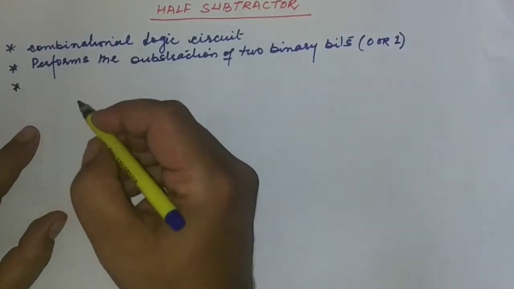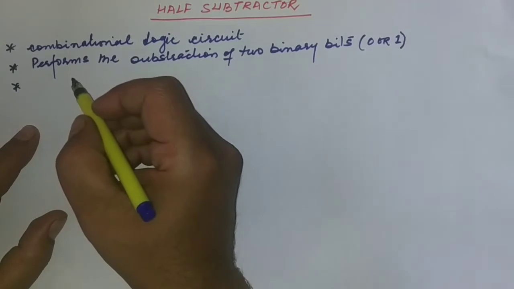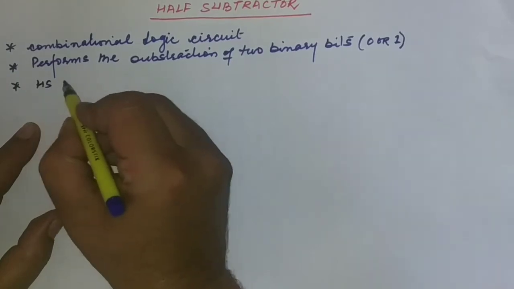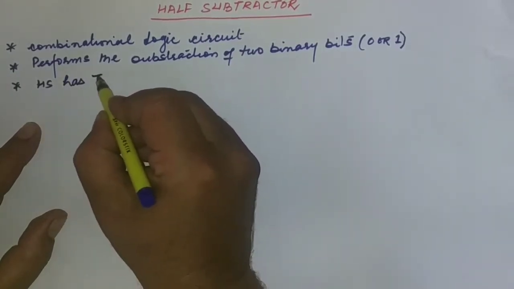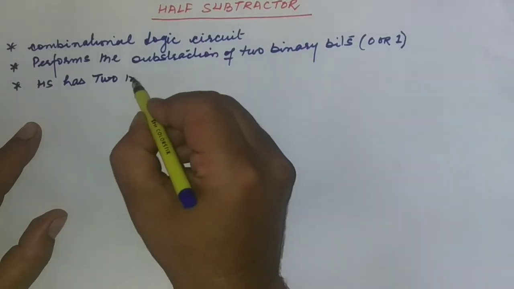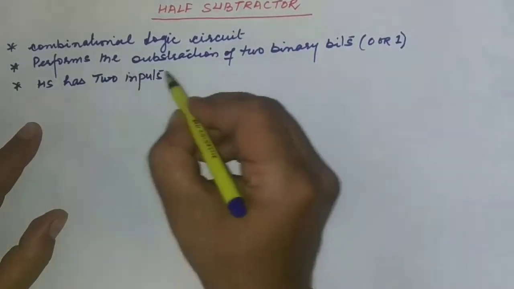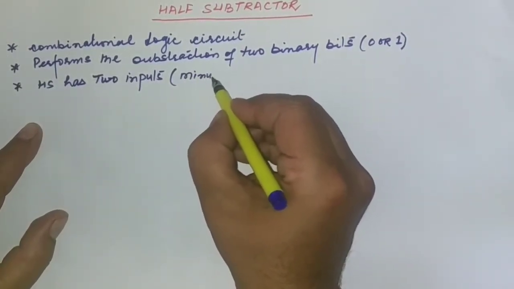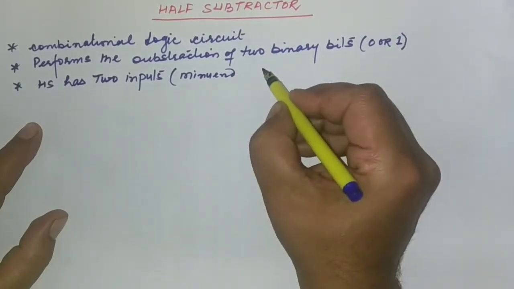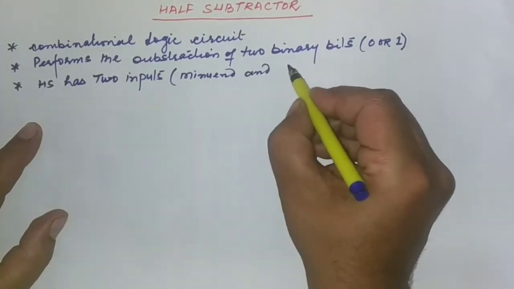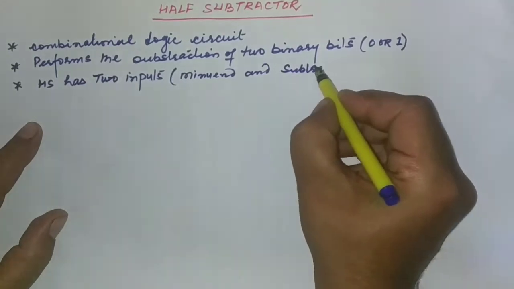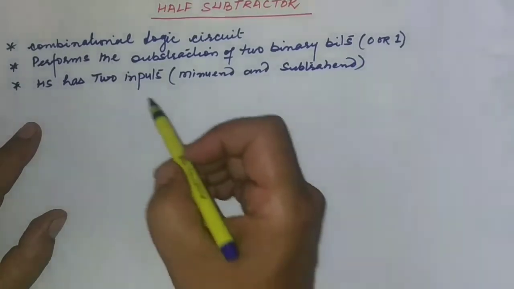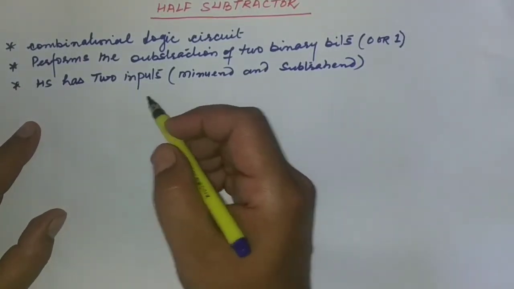Next point is that this half subtractor has two inputs, and we name those two inputs as minuend and subtrahend. These are two inputs for the half subtractor.